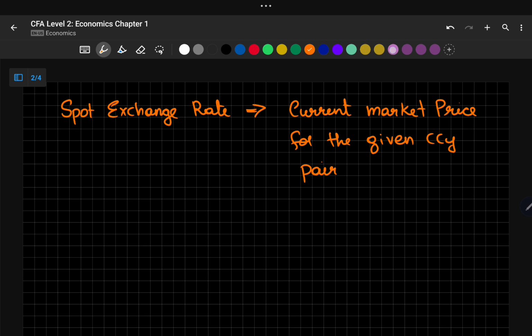Now, in the case of the FX market, the spot exchange rate usually has a T+2 settlement cycle.